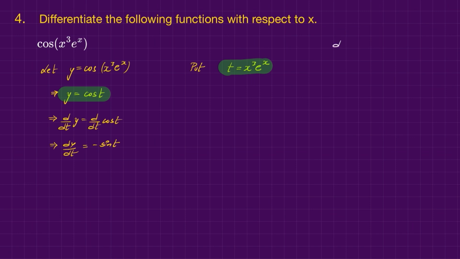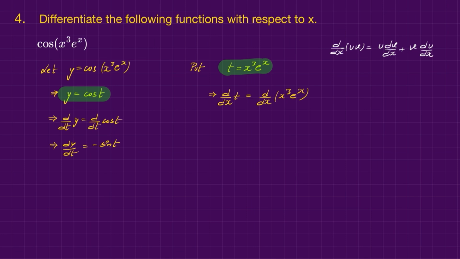It is d/dx of u times v equals u dv over dx plus v du over dx. So here my u can be considered as x cube and v can be considered as e to the power x. So using this product rule, differentiating both sides with respect to x, it will be d/dx of t equals d/dx of x cube e to the power x.